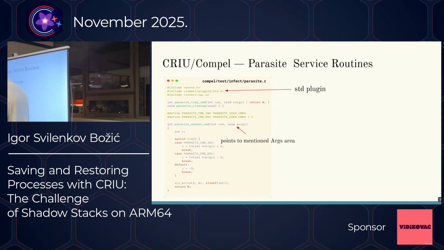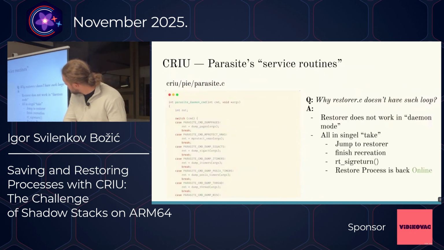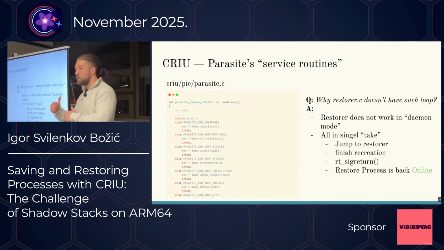But you'll see later that CRIU has its own version of this loop. I can quickly show it here on the left and then get back. You can see that most of the stuff for dumping happens here. These are all service routines inside the process, compiled into the parasite.